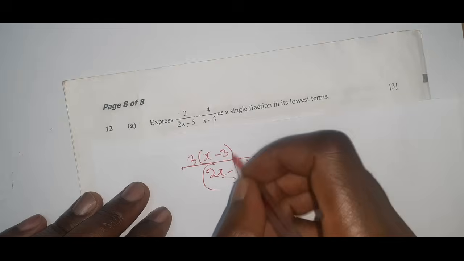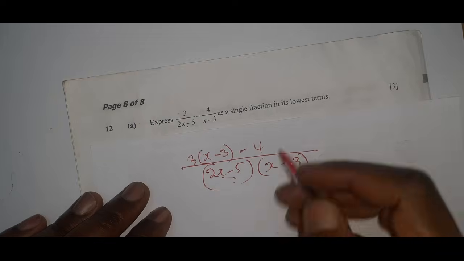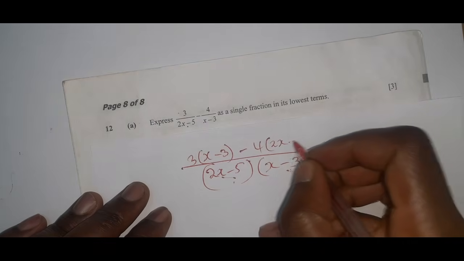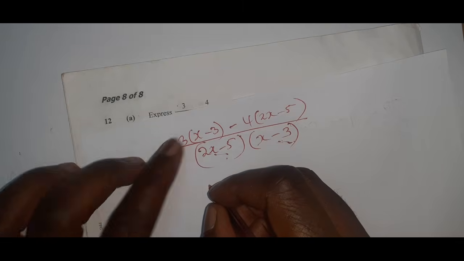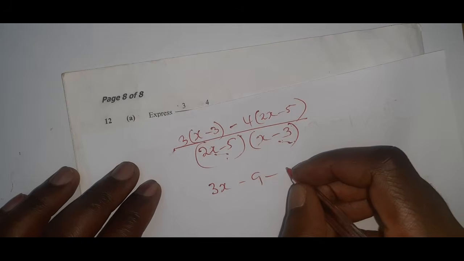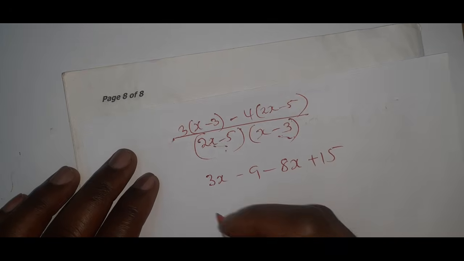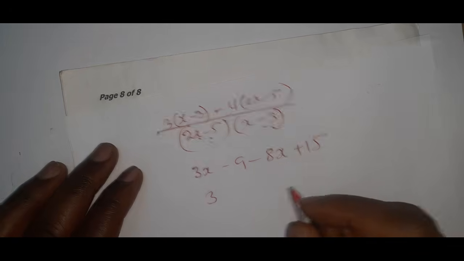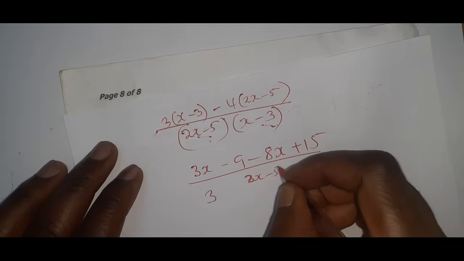The same will be the case when this one is divided into, we'll remain with 2x minus 5. Then we try to break down to simplify the top part. So 3x minus 9 minus 8x plus 15. Remember, we keep the denominator.